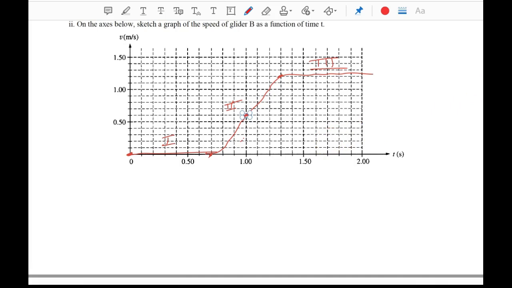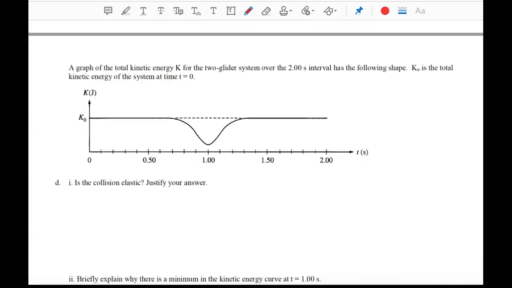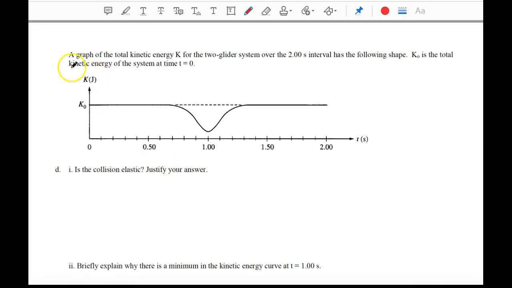So now at this point, the next thing that you have to do on the problem for letter D is they say, is the collision elastic? Justify your answer. So here's your graph of kinetic energy. Notice that you don't lose any kinetic energy, okay? So it goes down, but it then comes right back up. So yes, it is elastic. E-L-A-S-T-I-C.